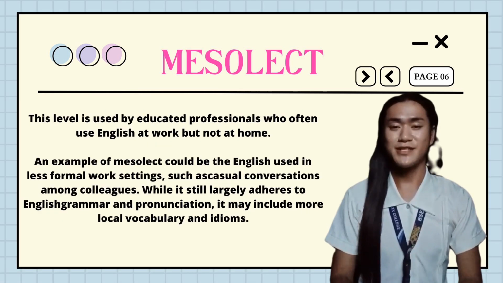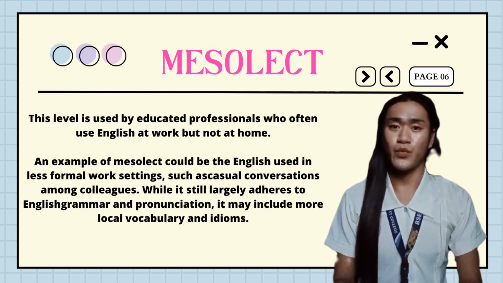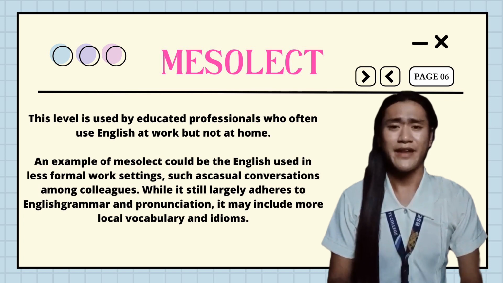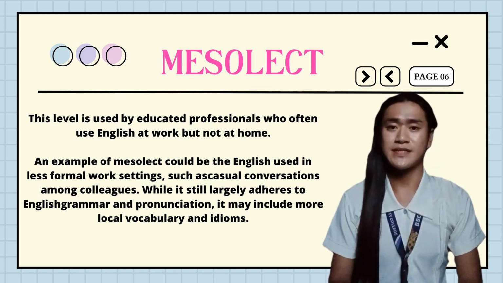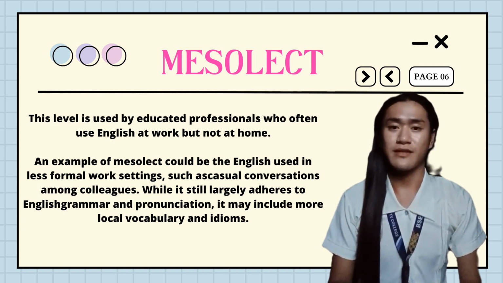The next one is Mesolite. This level is used by educated professionals who often use English at work but not at home. An example of Mesolite could be the English used in less formal work settings, such as casual conversations among colleagues.